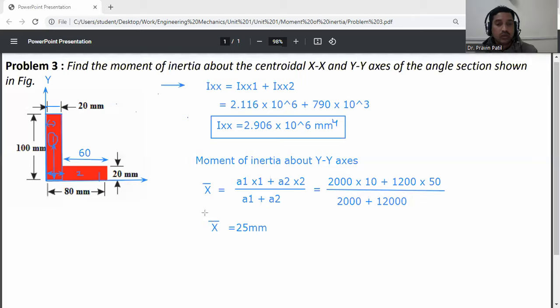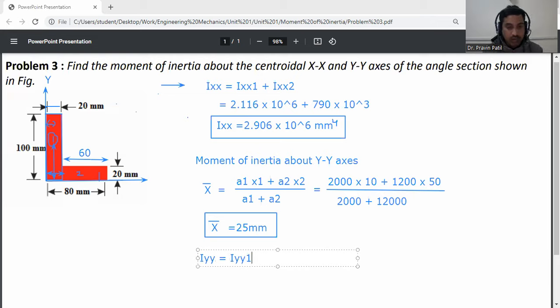Okay, so now calculate the moment of inertia. Iyy is equal to Iyy1 plus Iyy2. Here also we need to apply the parallel axis theorem.